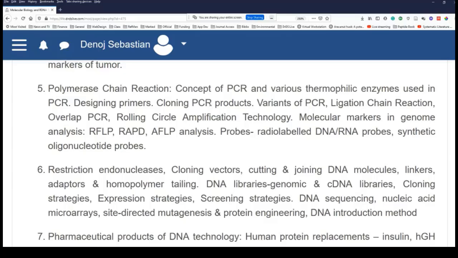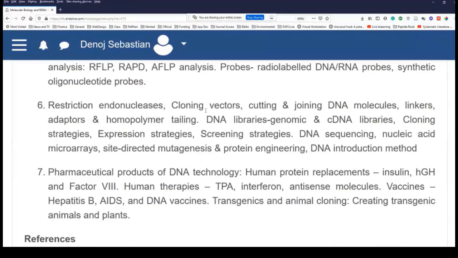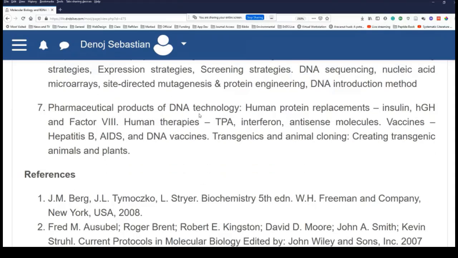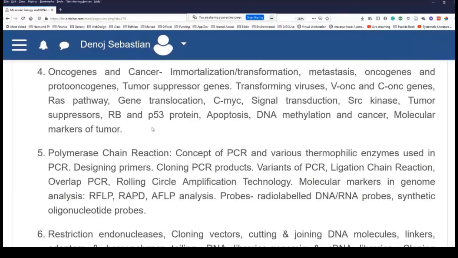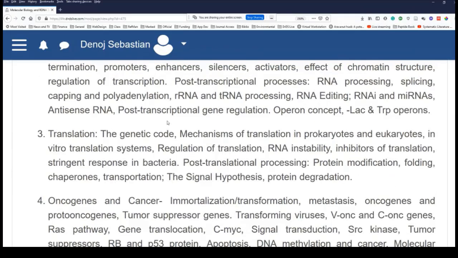Then the next unit is on restriction endonucleases and genetic engineering, RDNA technology or recombinant DNA technology. And finally, there will be a seventh unit that is on pharmaceutical products of DNA technology and related concepts. So this is the syllabus that you are going to deal with during this semester.